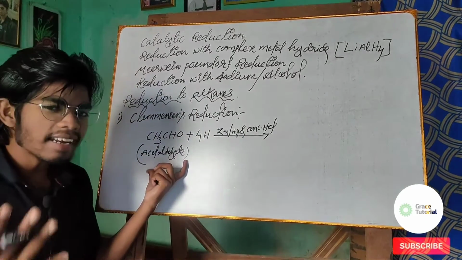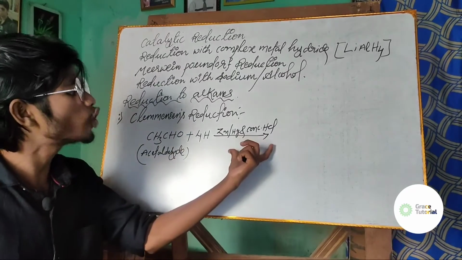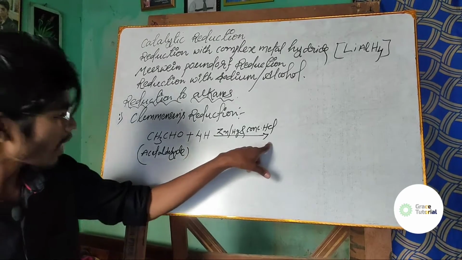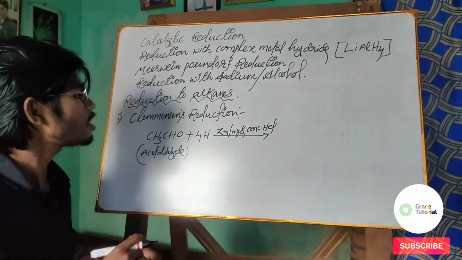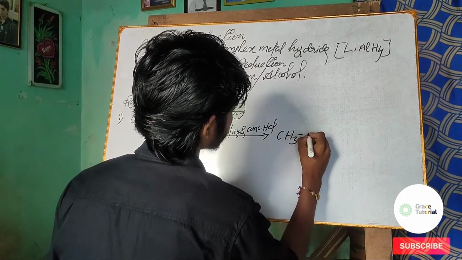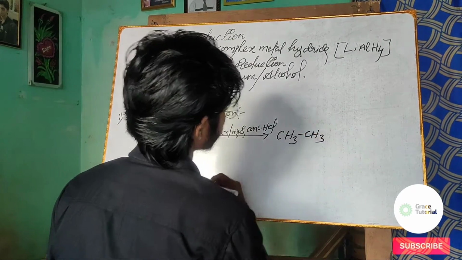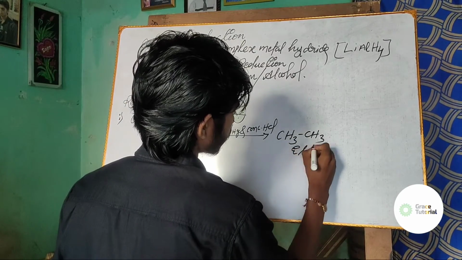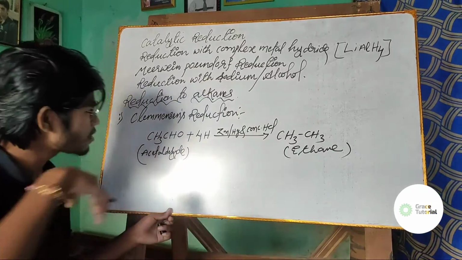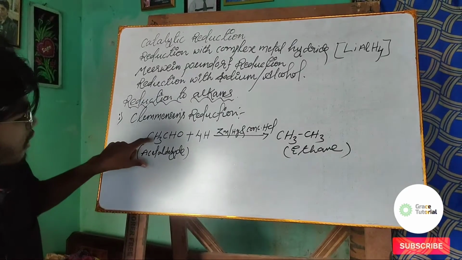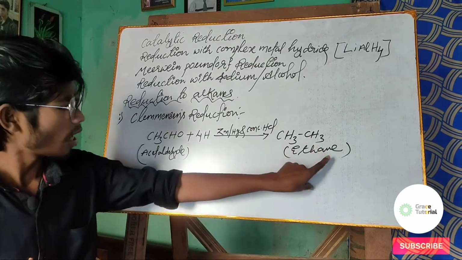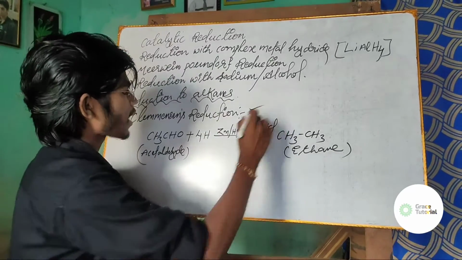When this acetaldehyde is reduced with the mixture of zinc amalgam, that is zinc and mercury, and concentrated HCl, then what is obtained? Ethane is obtained. That means this acetaldehyde has been reduced to form ethane, and this is what is called Clemmensen's reduction.